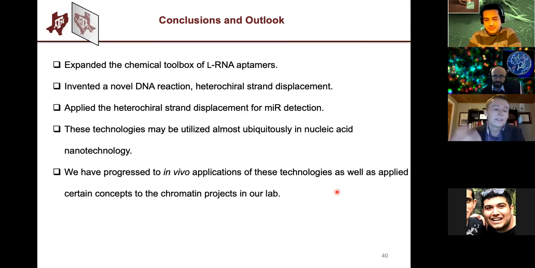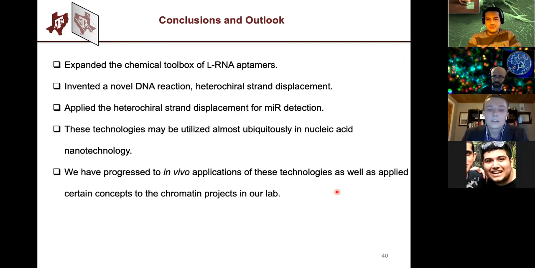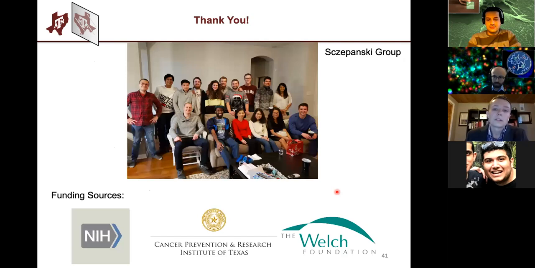I guess you guys can ask me more questions about this, but I didn't really touch on it too much, but we think that these types of tools can be utilized ubiquitously in nucleic acid nanotechnology. You basically just have to switch chiralities and buy some PNAs. And we've progressed to in vivo applications of these technologies, as well as the kinetic characterization, and also applied them to some of these chromatin projects in our lab.